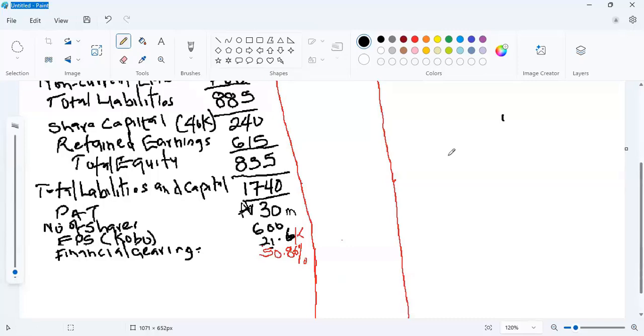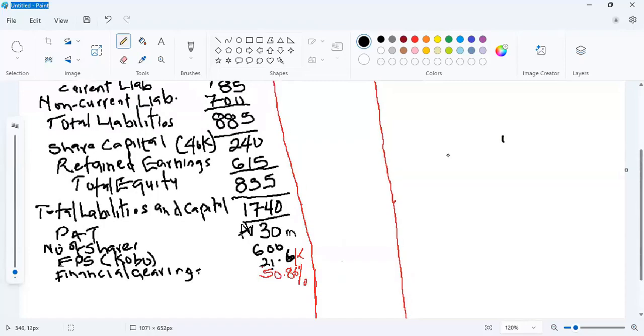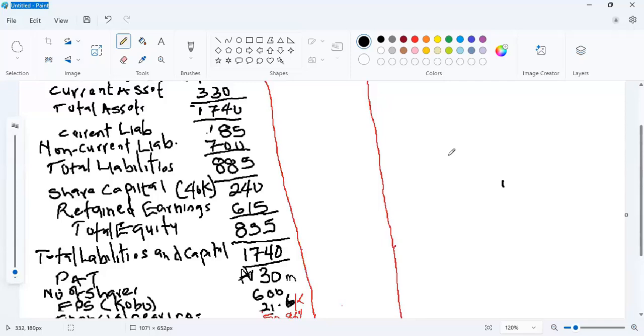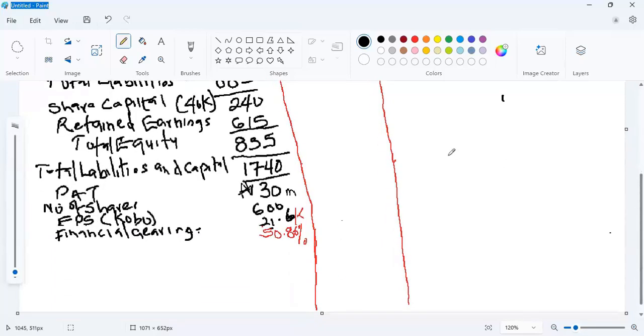Look at the total debt. Our total debt is our total liability. 885 million divided by total assets. Our total asset is 1,740. Please work this out. Multiply by 100. You are going to get 50.86%.